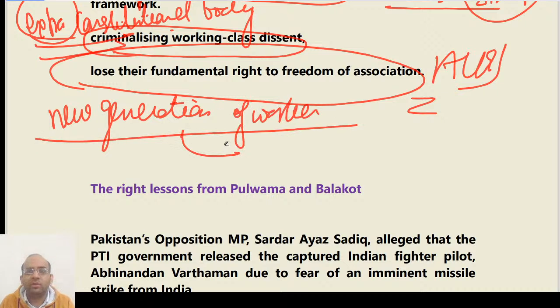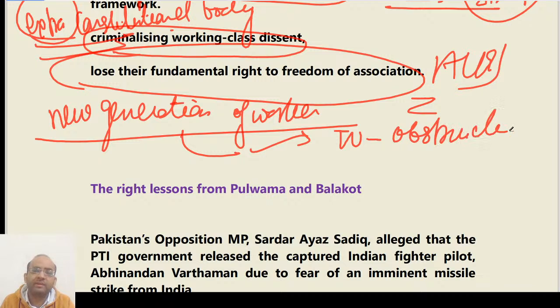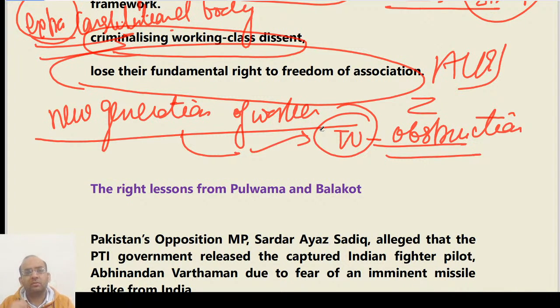And one thing you should remember: the new generation of workers like you and me does not like trade unions. Why? First, trade unions sometimes work in a manner which puts obstruction to the normal course of business. Just by using their collective strength they stop the work and demand higher wages, you can say disproportionate wages.